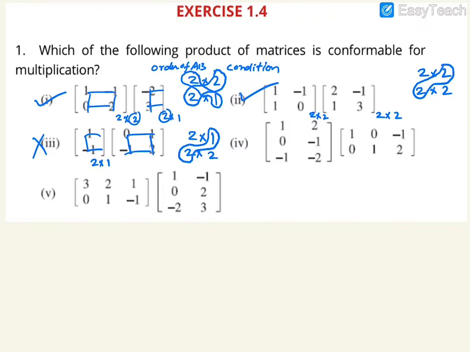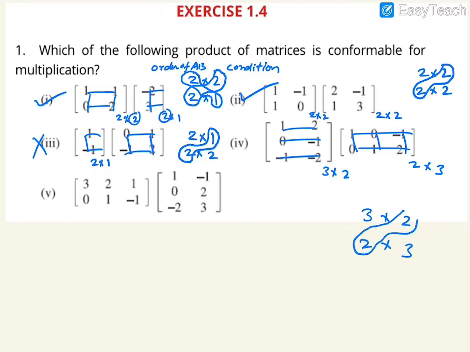Part 4, check, the order is 3 rows and 2 columns, and the second matrix has 2 rows and 3 columns. Now you can write here 3 into 2 and 2 into 3. Check this one, 2 and 2. So the number of columns is equal to the number of rows of the second matrix. So here also the product is possible. Now part 5, the order is 2 rows 3 columns, 2 into 3.